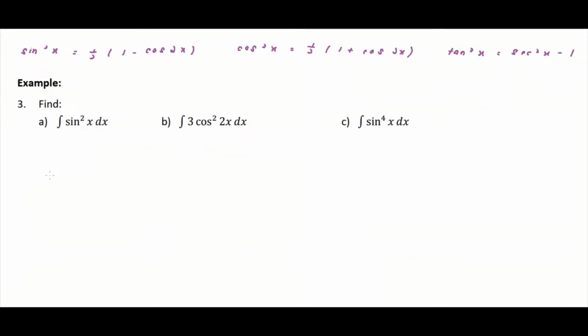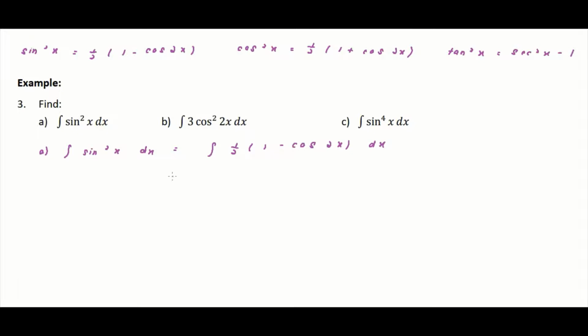Let's look at example 3. I have written down the formulas here so it's easier for us to refer to later. 3a: integrate sine square x dx. I think this is easy. We just substitute the sine square x here, so it becomes 1 over 2, 1 minus cos 2x.